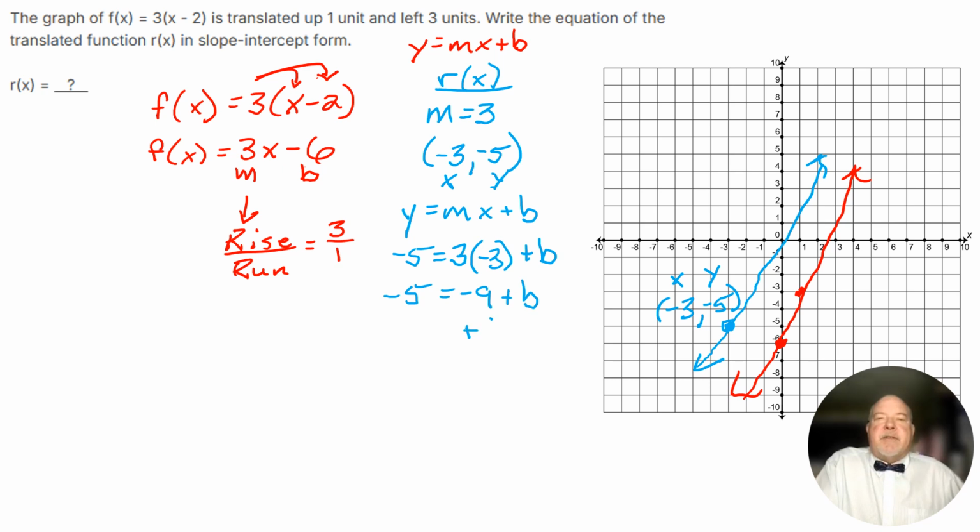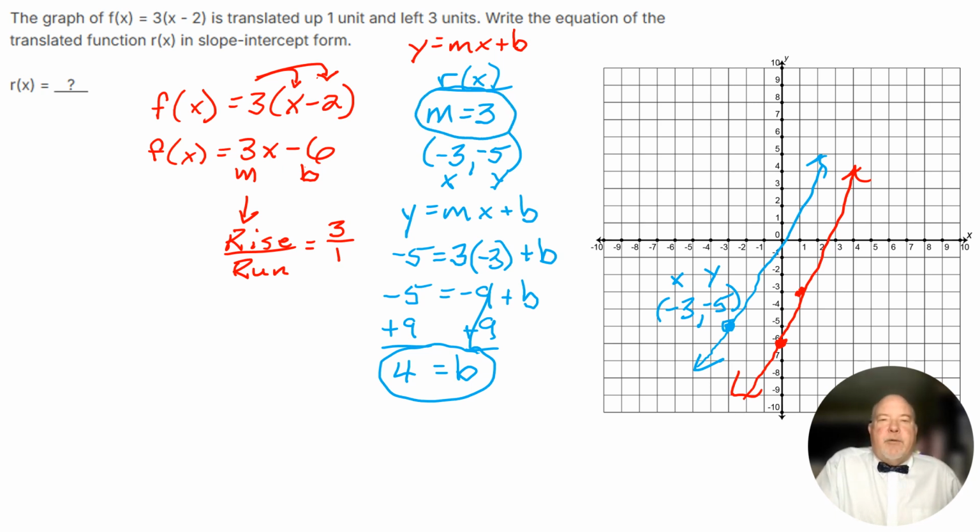Add 9 to both sides of the equation. Plus 9. So that'll go way over here, and over here I'm left with 4. So my b value is 4. So I have my y-intercept, and I have my m. And so now I just simply write the equation, plugging those in.